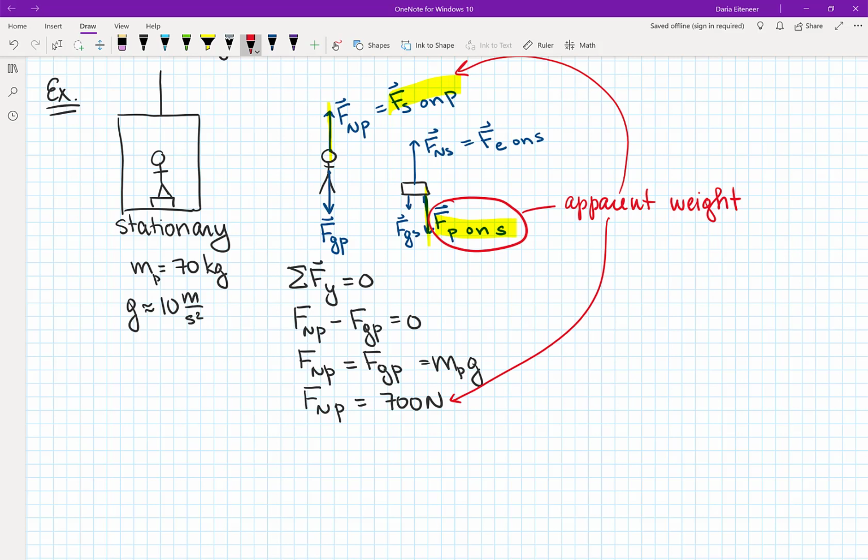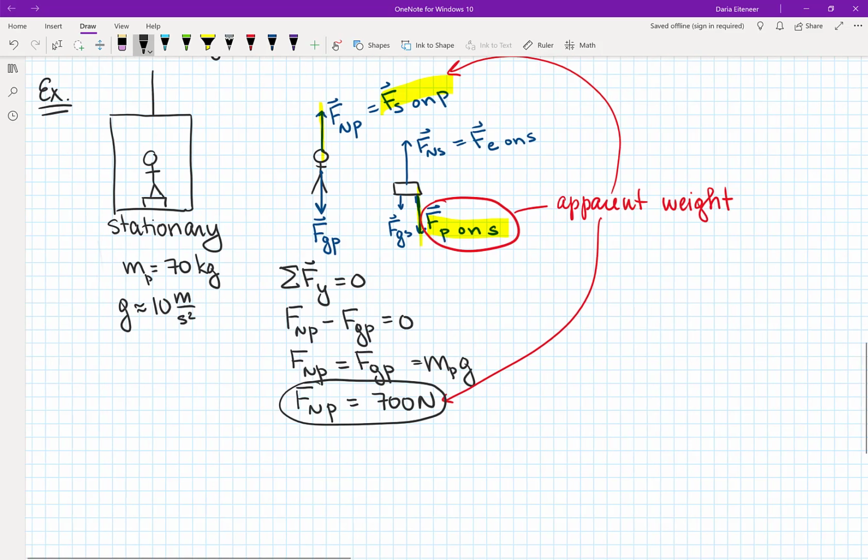So the scale says the person standing on it weighs 700 newtons. You would say mass is 70 kilograms, but you would say the person weighs 700 newtons, as in that's also the force with which the earth is pulling on this person.